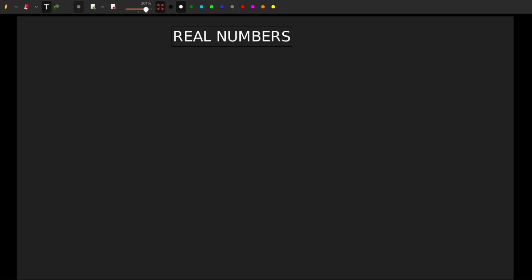The real number system is one of the largest number systems in math. Basically, it can be thought of as any possible point on a number line or any number you can really even think of. So for example, 5, 7, 312 is another perfect example.